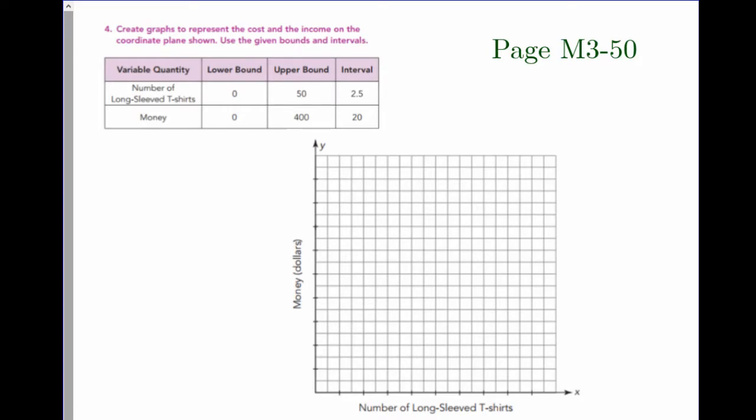Our number of long sleeve shirts is our x-axis, and they tell us each interval should be 2.5 and it should go to 50. Well, instead of doing 2.5, 5, 7.5, 10, we might as well just skip one each time and make our labels every 2, but make them 5, 10, 15, 20, 25. So that's what I've done here.